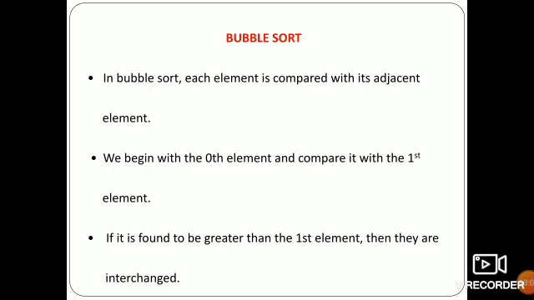What is bubble sort? In bubble sort, each element is compared with its adjacent element. We begin with the 0th element and compare it with the first element, index 0 to 1.